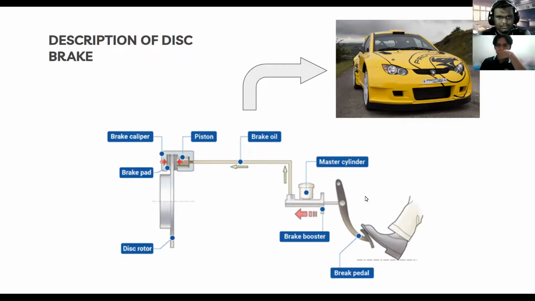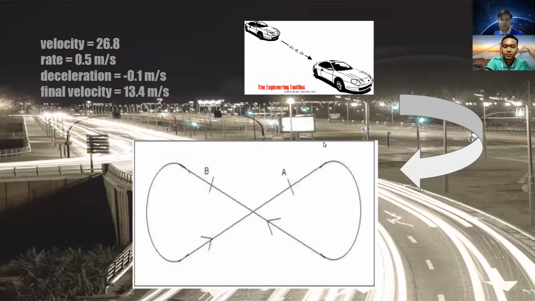Okay, thank you. Next, can you guys explain what method or technique you use for the analysis of this problem? Next slide, please. So to study the brake disc properly, the car was pushed to its limit braking. The plan was to accelerate the car from 0 to 26.8 meters per second at a rate of 0.5 meter per second squared.